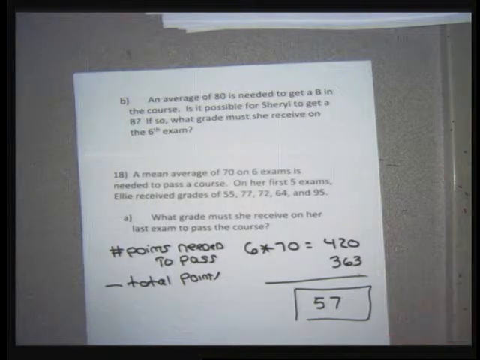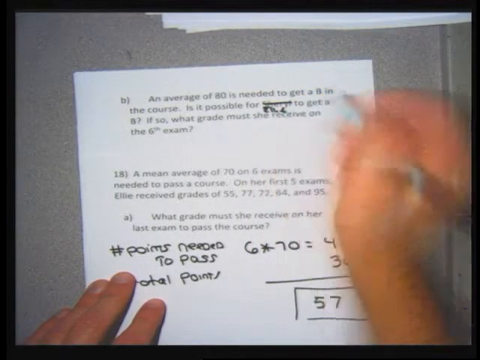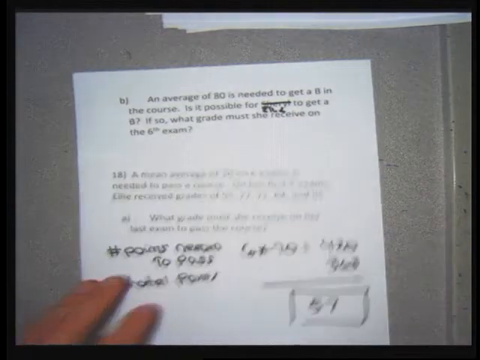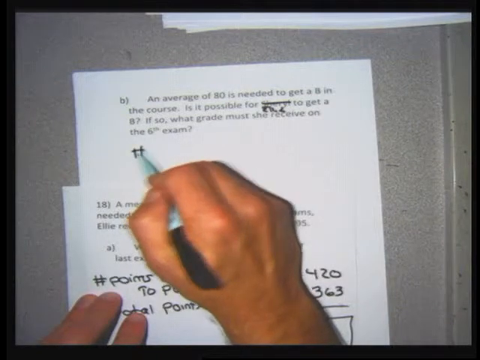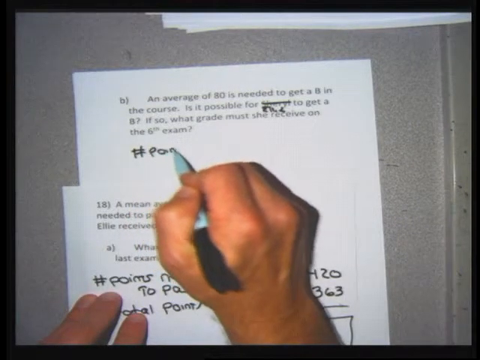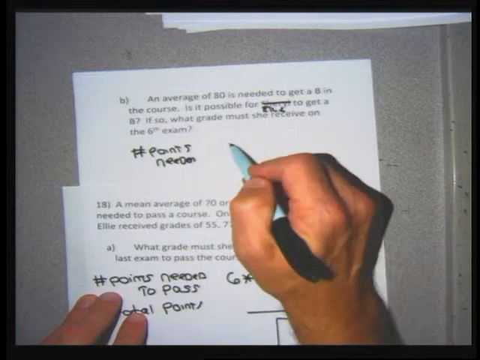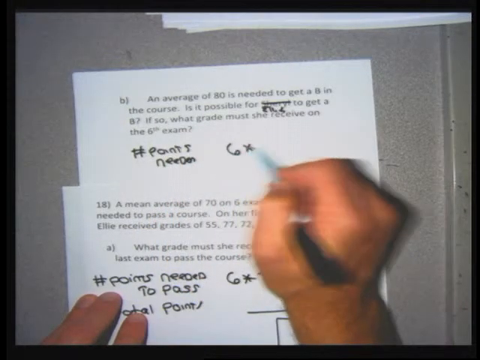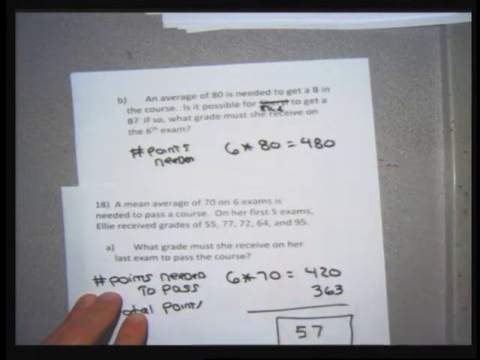So part B says an average of 80 is needed to get a B in the course. Is it possible for, it should say Ellie, to get a B? And if so, what must she get? Well, to get a B, I need the number of points needed. She needs 6 tests at an average of 80, so she needs 480 points.